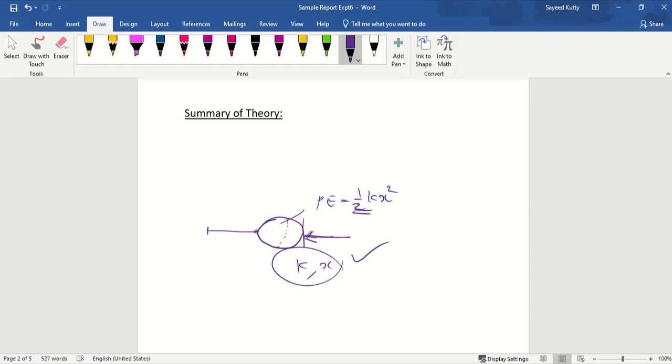If I ask you, the spring stored energy, from where did it get energy? I compressed it. That means the energy transferred into the spring from me. That means I did work on the spring. So my work is stored in the spring as elastic potential energy.